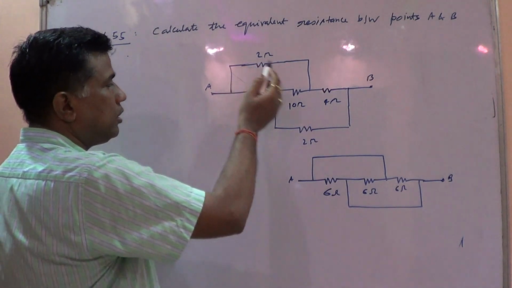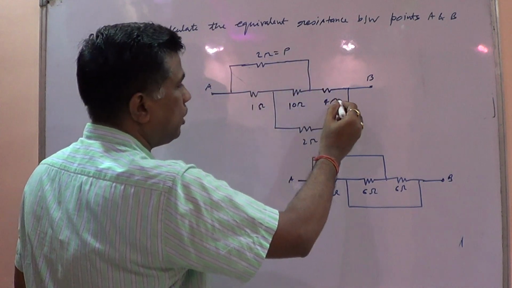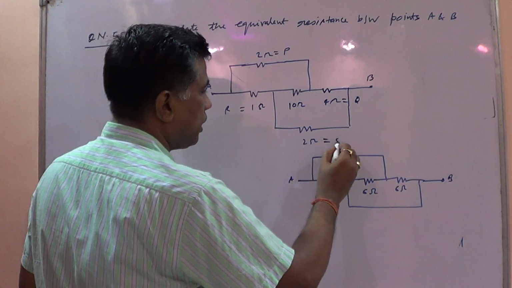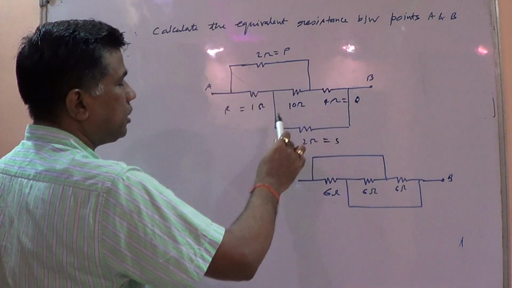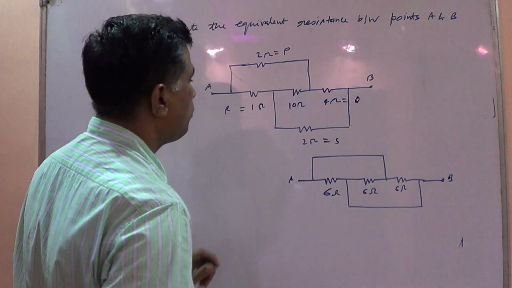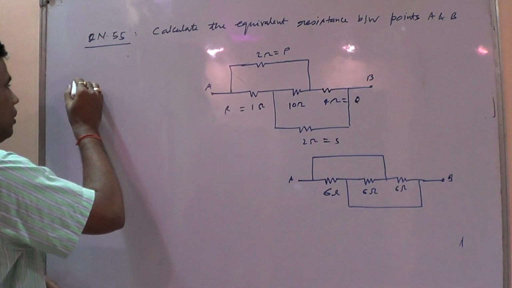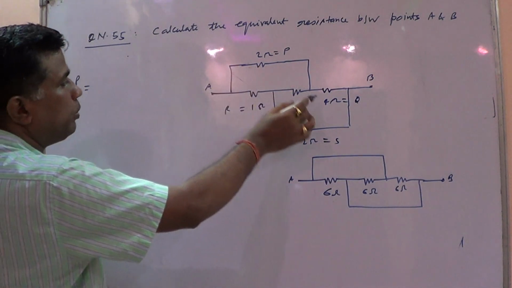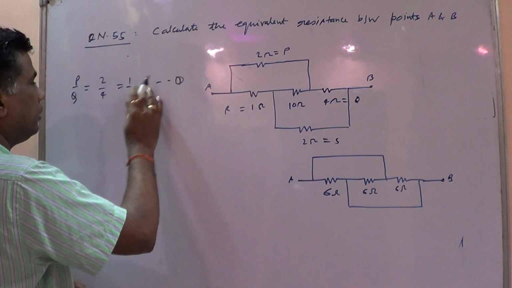Again student, this is a Wheatstone bridge. This is P, this one is Q, this one is R and this one is S. So first focus only on this question, don't see this. Again we will find the value of P by Q is equal to 2 by 4, 1 by 2, equation number 1.